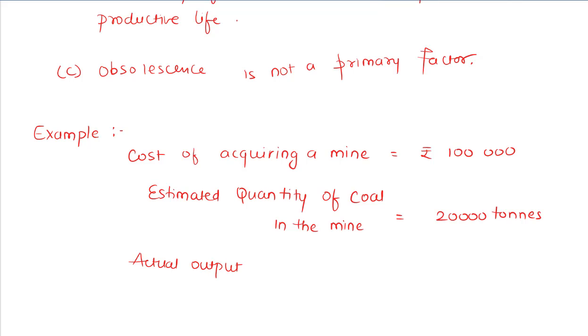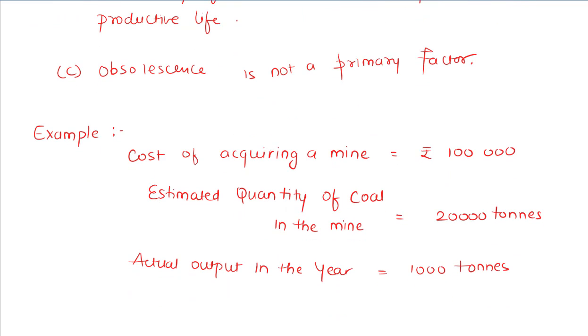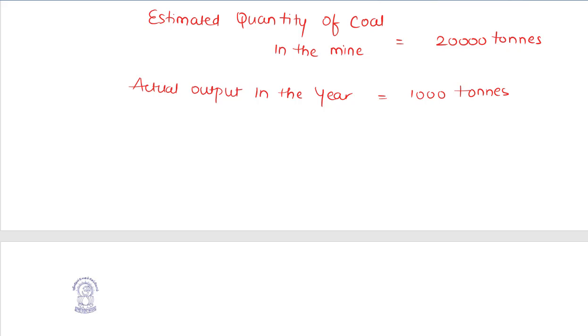Actual output in the year is 1,000 tons. Quickly understand the example first.